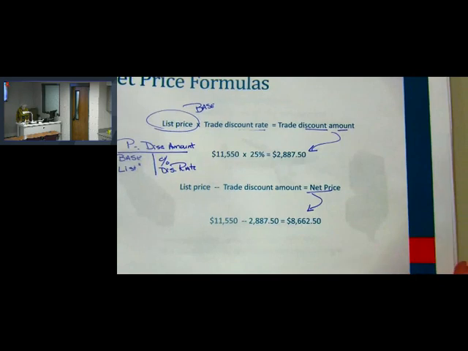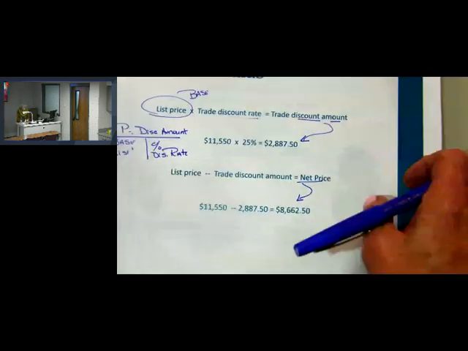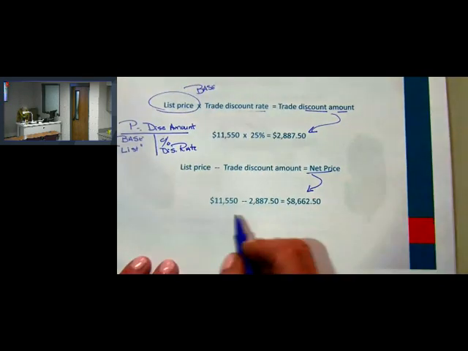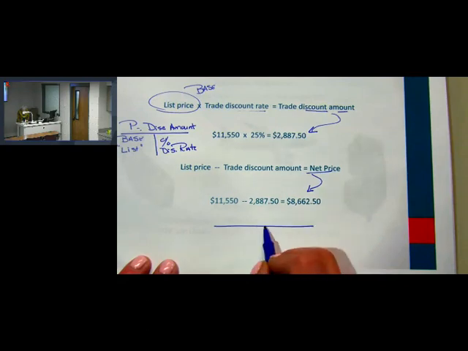So again, using the pie diagram, and I just really enjoy the pie diagram, I think they're a lot quicker. This is another way to look at this.